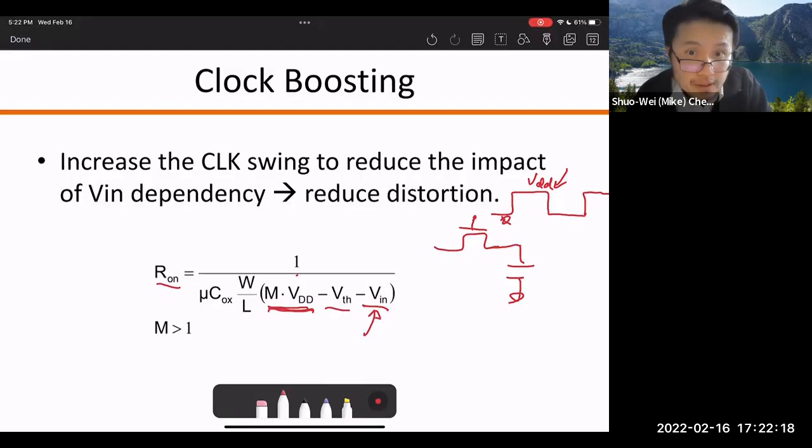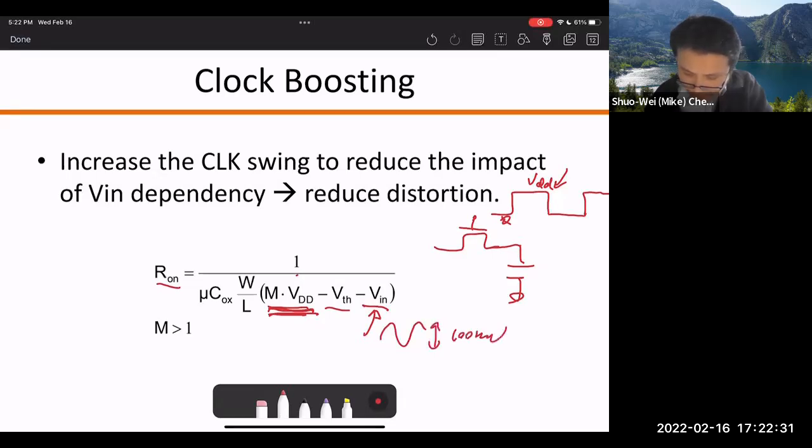That remains the same. Even though V in still changes by 100 millivolts, will the variation of R on be smaller or larger?